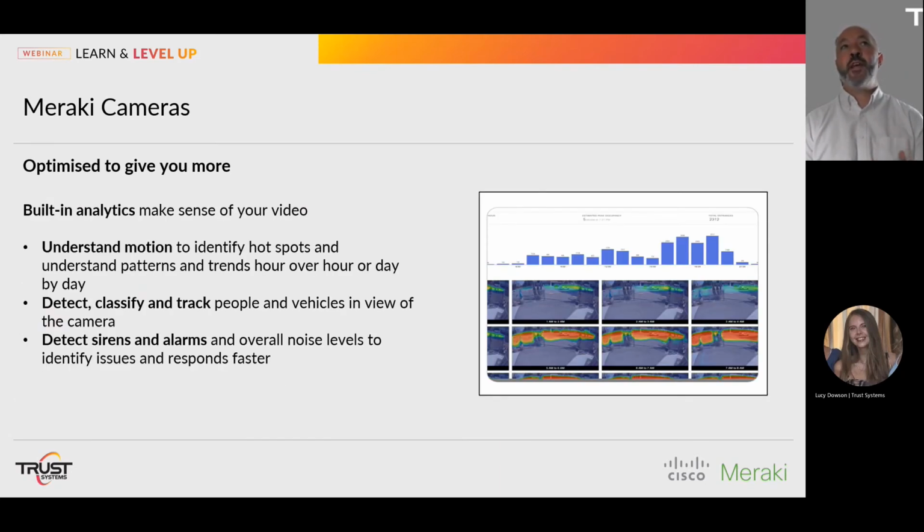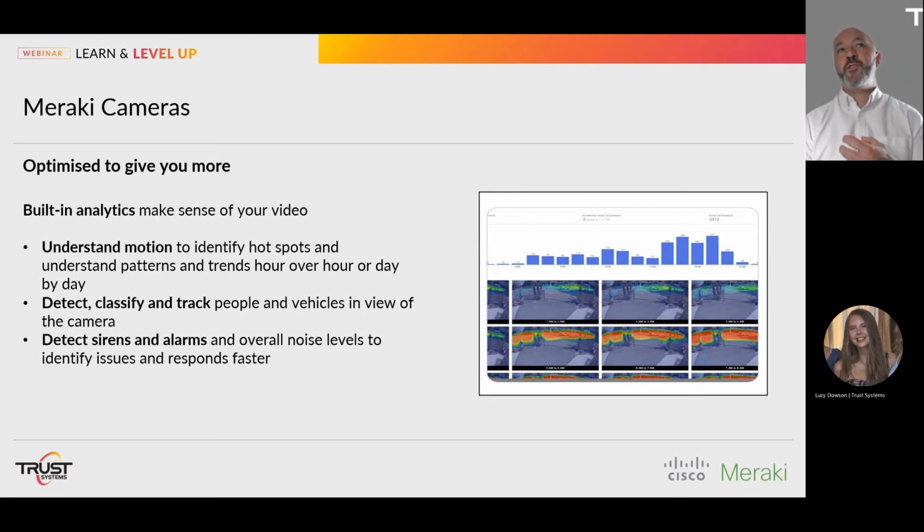Again, further information here about some of the Meraki cameras, where you've got some of the inbuilt analytics available through the Meraki cameras, providing you enhanced heat maps, understanding motion and hotspots across your estate. Again, this can be overlaid with the Meraki MR heat maps that you can gather, as we discussed earlier.